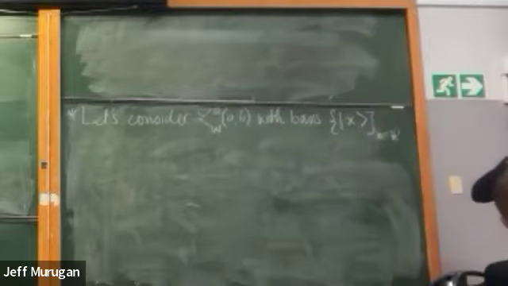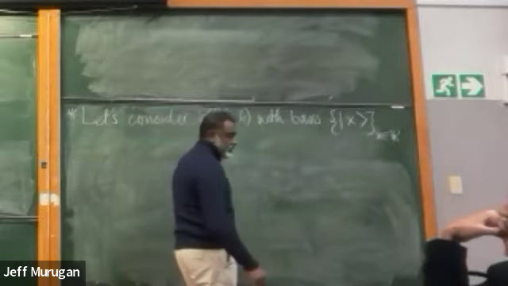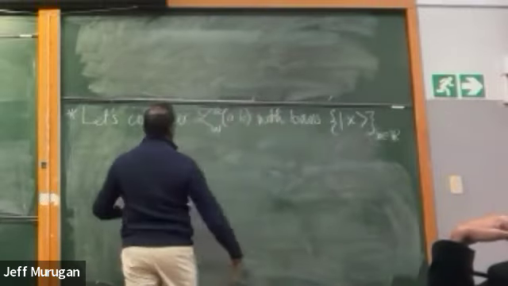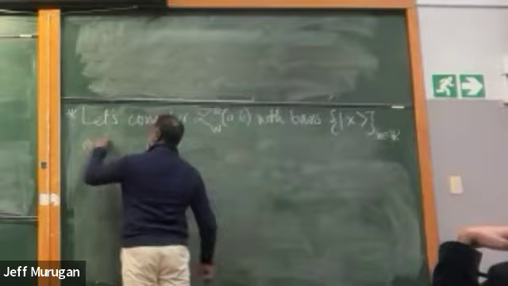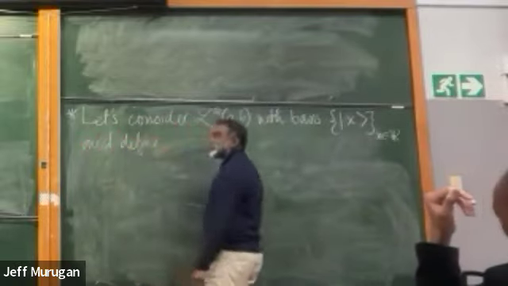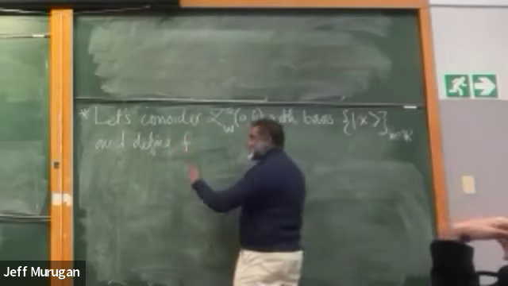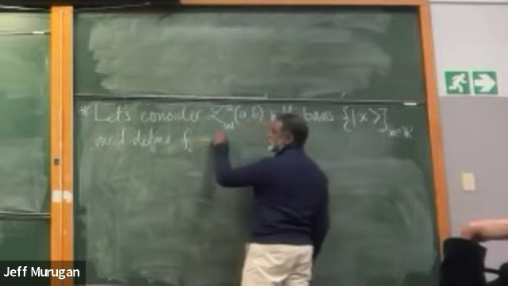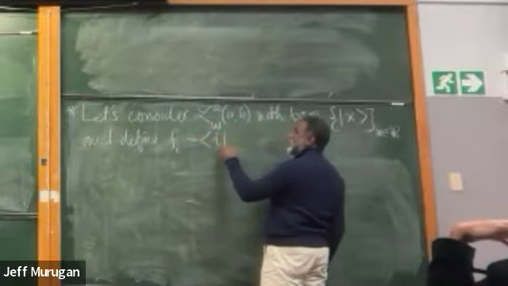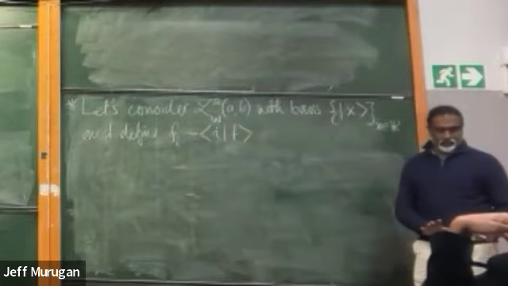I'm also going to say that where I previously had the i-th component of a vector f, I'm now changing my notation to the inner product of i with the vector f.